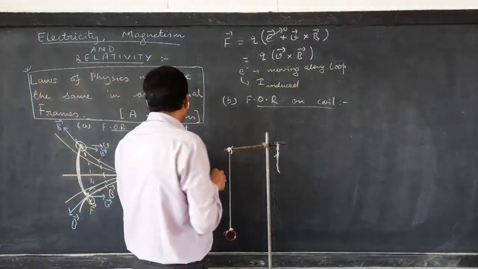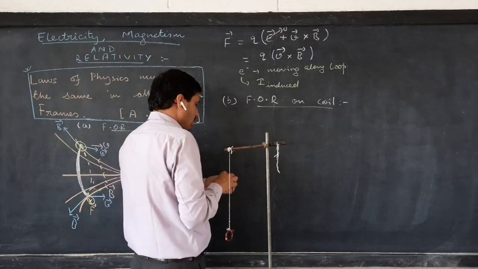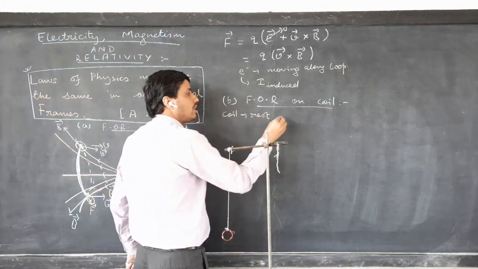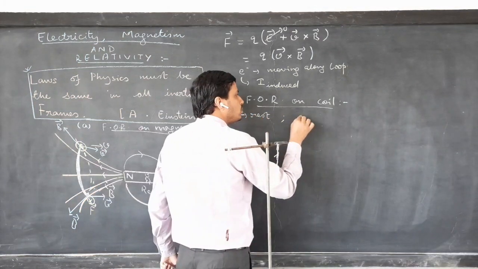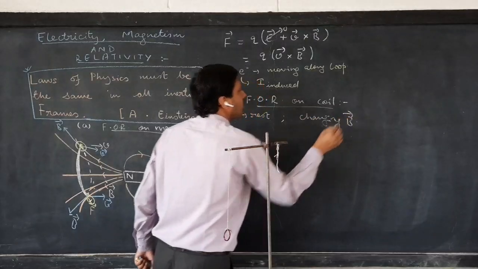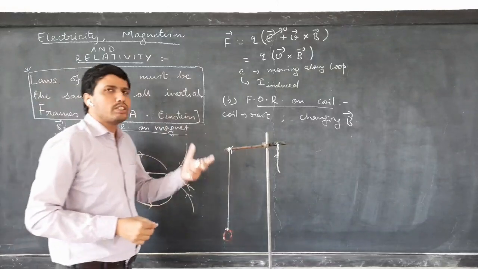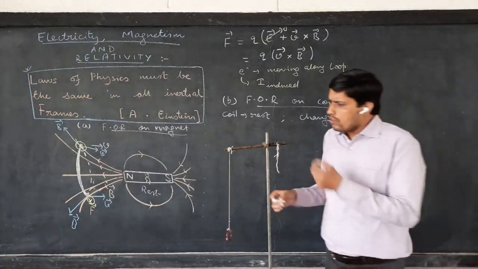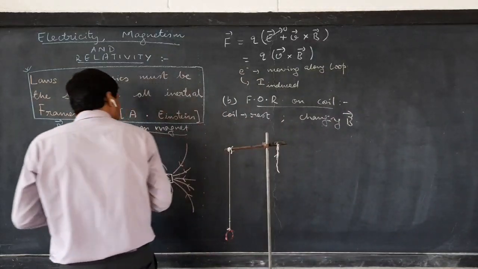So in this frame of reference, the coil will be at rest, and it will be subjected to a changing magnetic field. The magnetic field will be changing because of the motion of the magnet. Now imagine a free electron on this coil.